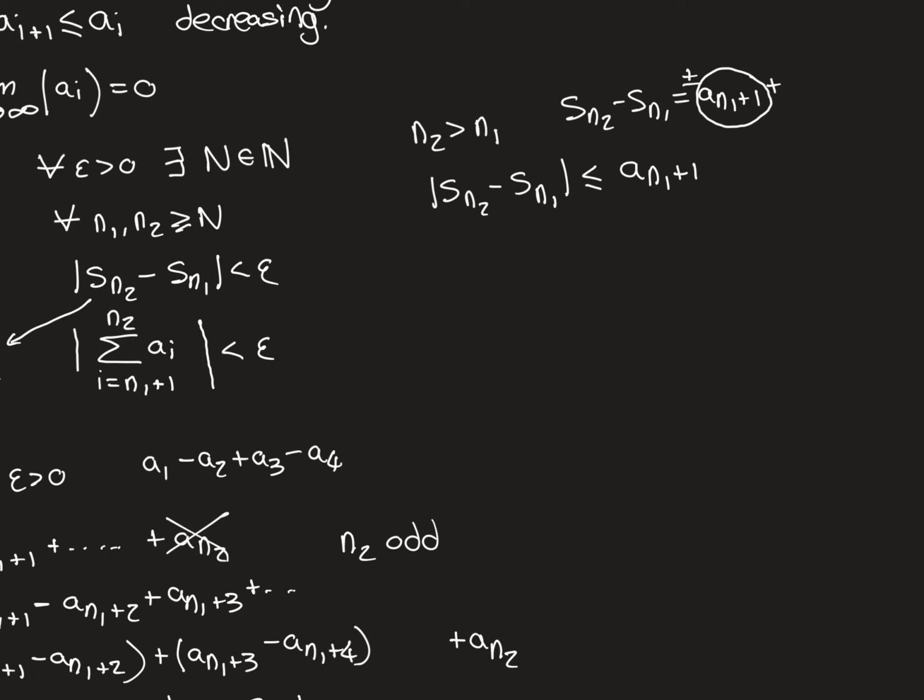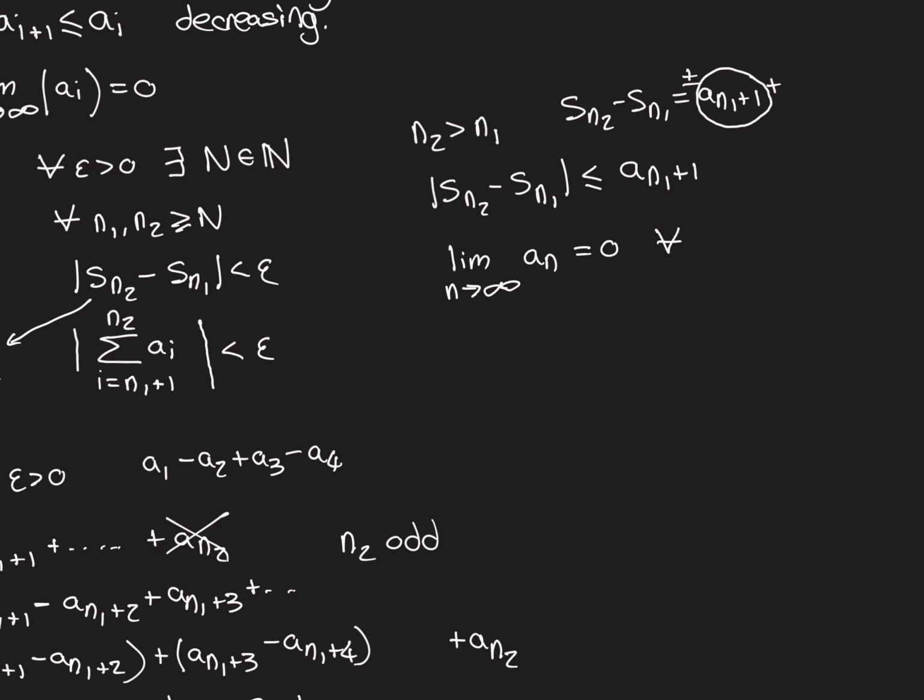Now, we also know that the limit as n approaches infinity of the a_n's is equal to 0. So that means that these a_n's get indefinitely small. They get and stay indefinitely small.